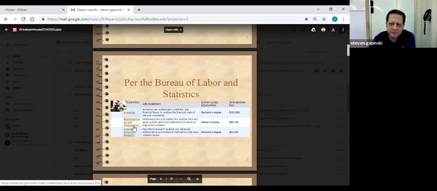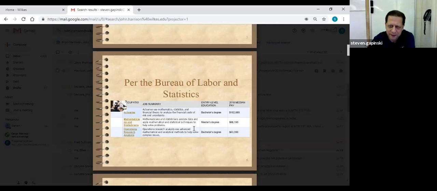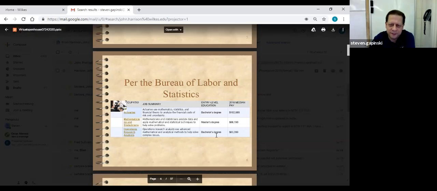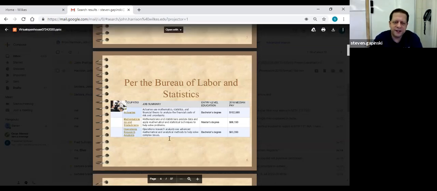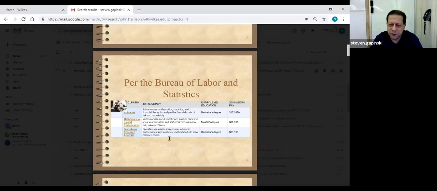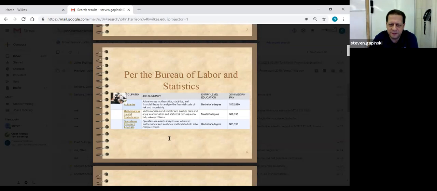Statisticians with a master's degree, you're seeing 88,000, and operations research analysts with a bachelor's degree, you're at 83. And again, these are all non-teaching careers. It's just human nature for people to automatically think teacher, but in reality, there's much else to do out there, and those things that you can do tend to pay rather well.